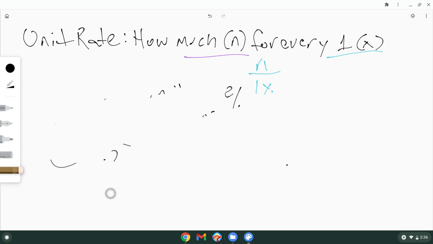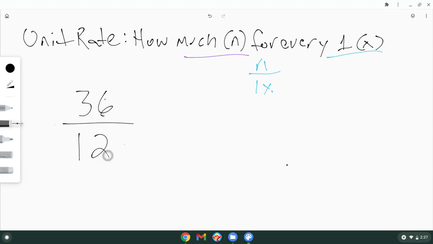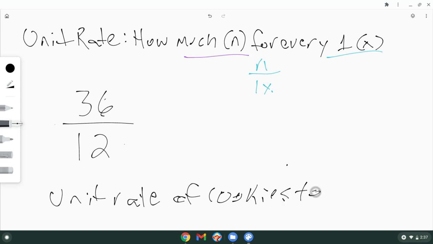Say I've got 36 cookies, and I have 12 students. How many cookies is each student going to get? What is the unit rate of cookies to students? I apologize, it's getting messy down here.